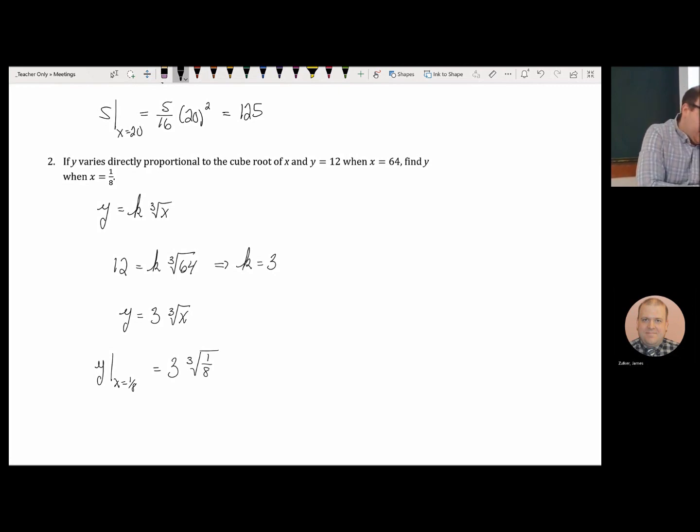So when x is 1/8, y is 3 times the cube root of an eighth. What is the cube root of an eighth? That might actually be one of the best cube root symbols I've ever drawn. It is very nice. 1/2. That makes y 3/2. Yeah, easy.